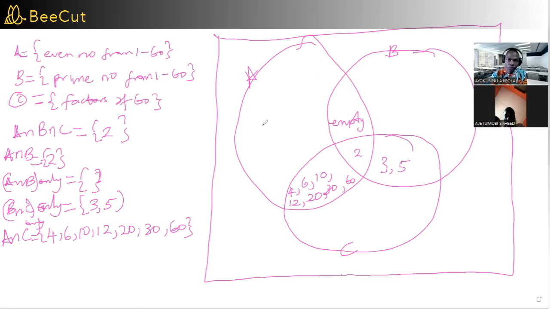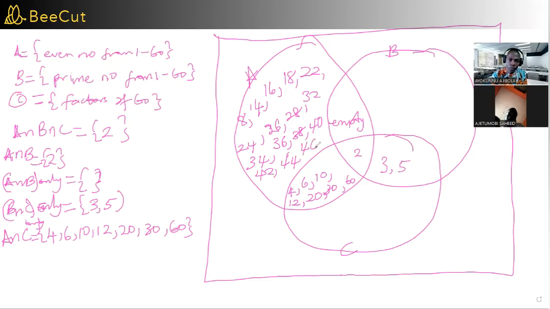So remain 22, 24, 26, 28, we have seen 30 here, 32, 34, 36, 38, 40, 42, 44, 46, 48, 50, 52, 54, 56, 58, and 60, but 60 is already here, so I don't have to repeat it.